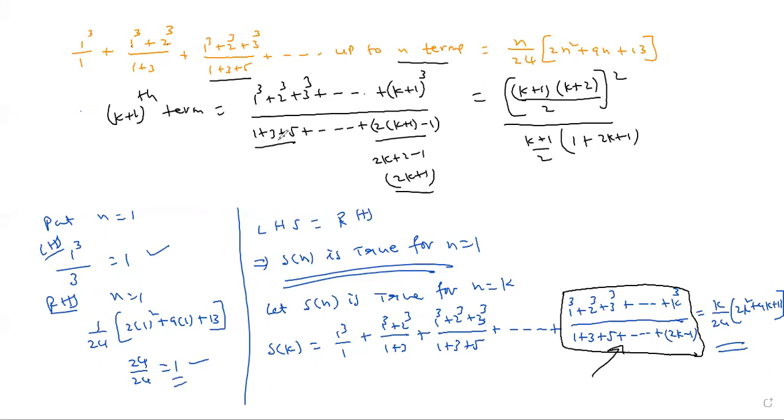Right? In an AP series, if you know the first and last term, the sum of n terms is n by 2 into A plus L. A is the first term, L is 2k plus 1.